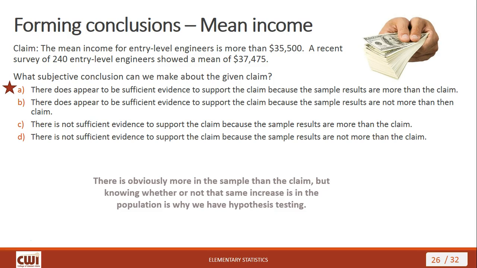Of course we know that 37,475, which we have in the sample, is greater than the claim value of 35,500. But what is the mean value of the population? Do we really know what that is without taking data from each and every member of the population? We don't want to do that.